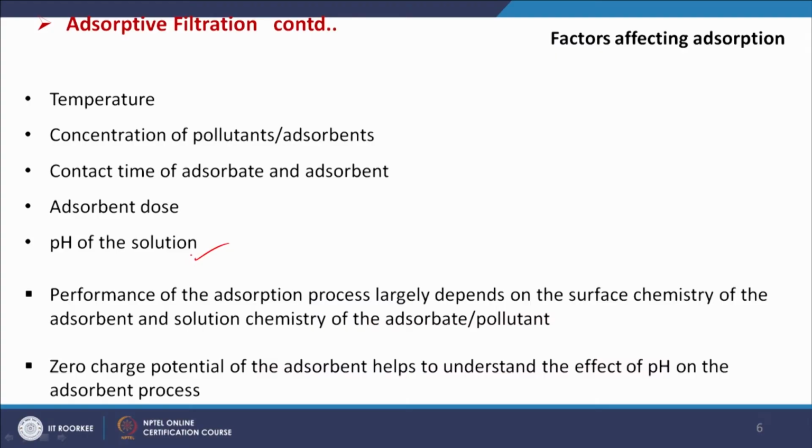So, this is a very important parameter out of all those parameters in terms of adsorption capacity or adsorption performance. And zero charge potential of the adsorbent helps to understand the effect of pH on the adsorption process. So, zero charge potential means there is some pH at which the surface charge becomes neutral, or zero charge.